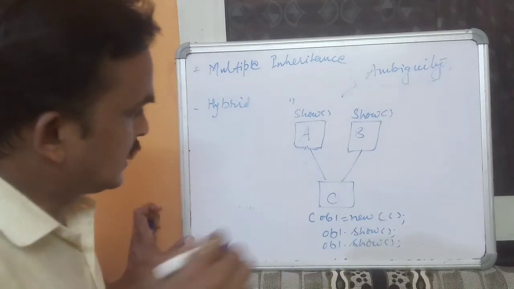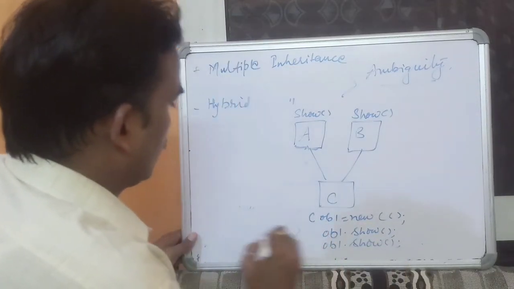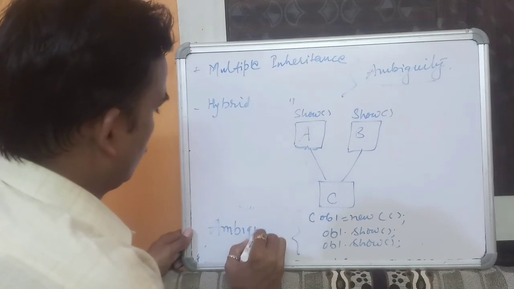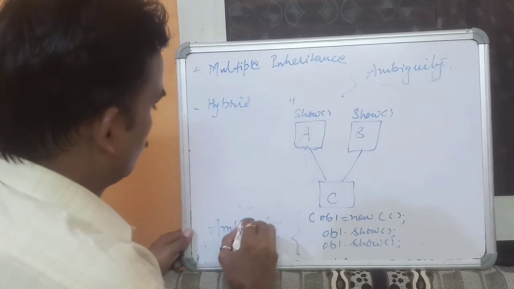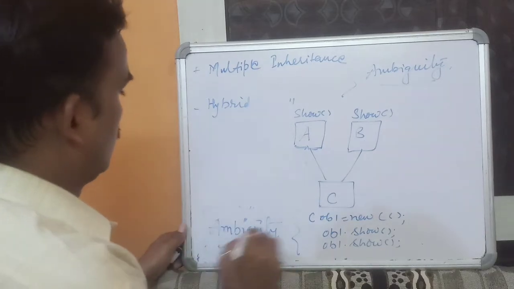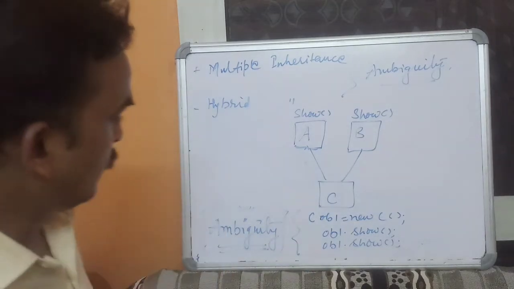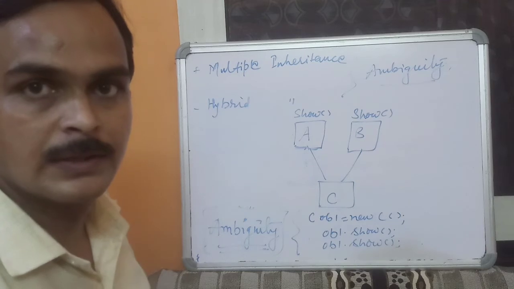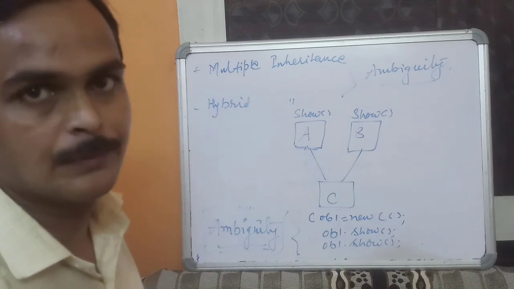This is basically a condition of ambiguity. That is the problem. That's why multiple inheritance is not used in Java programming.